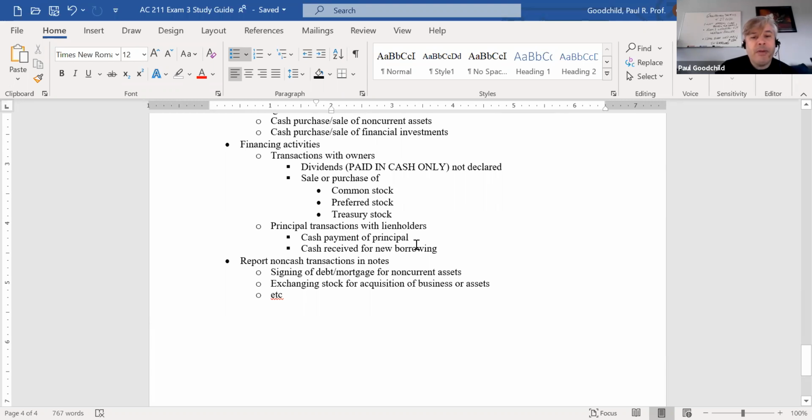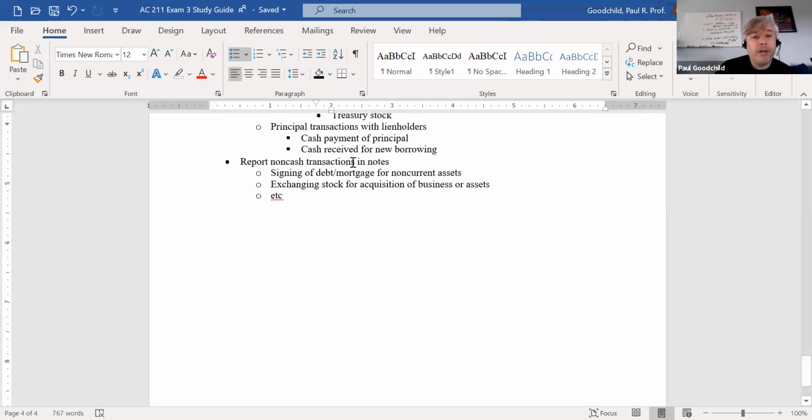So your cash payment of principal and cash received for new borrowings. We don't record interest expense in the financing activities. And then we report non-cash transactions in the notes. So if we signed a mortgage for a non-current asset like a building, that's a non-cash transaction. If we exchange stock for the acquisition of a business or assets, that would also be a non-cash transaction.